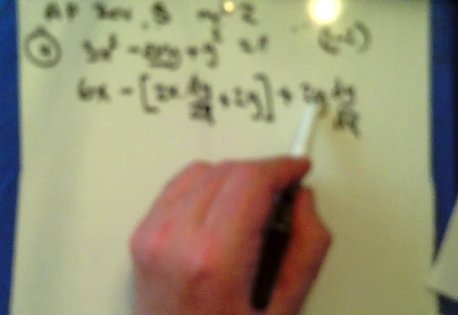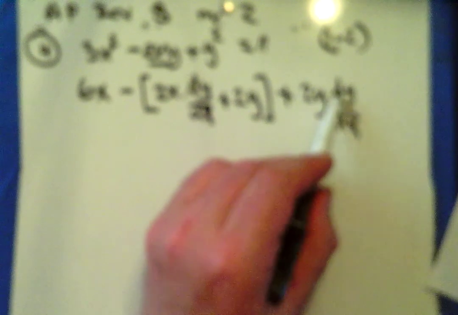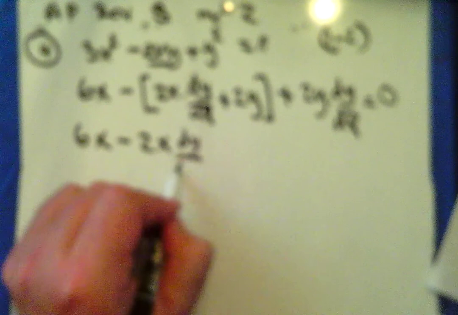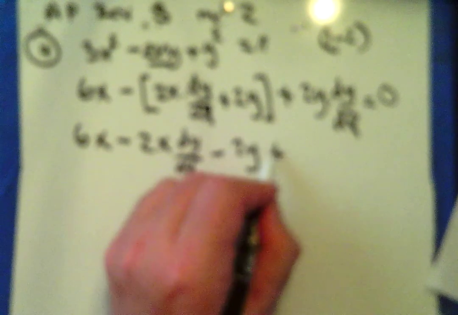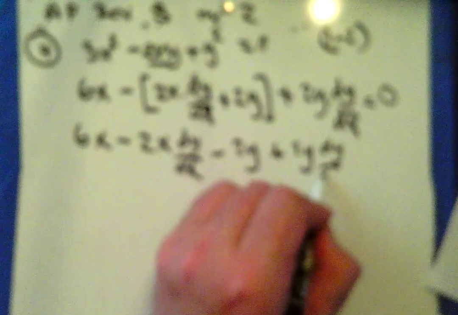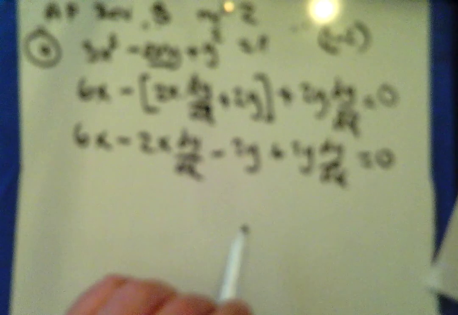Remember, the derivative of the outside squaring function is 2, leave the inside function alone, then times the derivative of the inside, y with respect to x, equals the derivative of 11, which is 0. So now I've got 6x minus 2x dy dx minus 2y plus 2y dy dx equals 0. I can put in this ordered pair now, or I can solve for dy dx. I think I'm going to solve for dy dx.